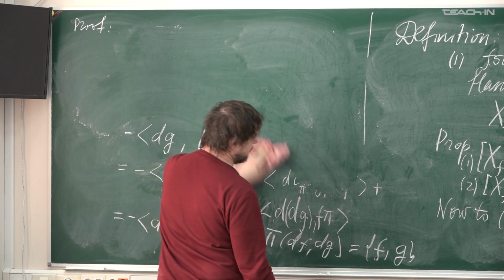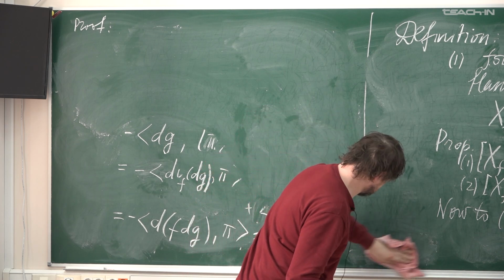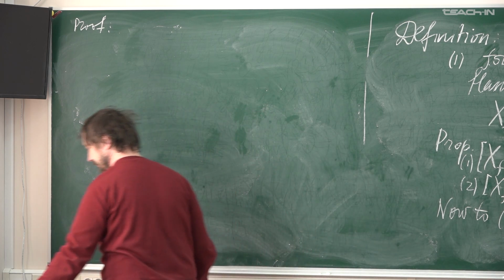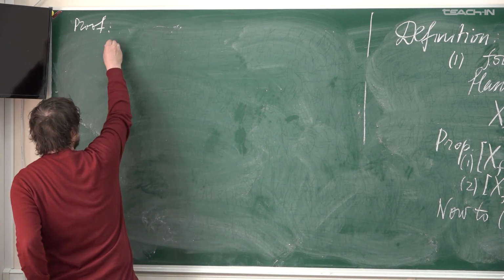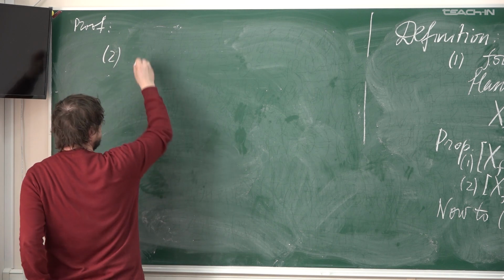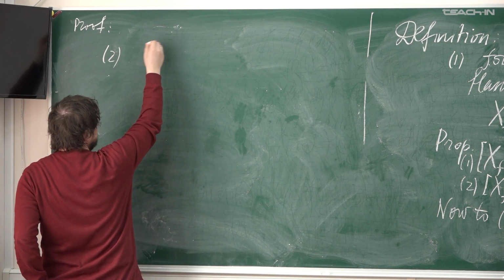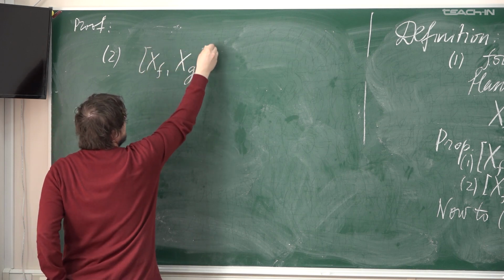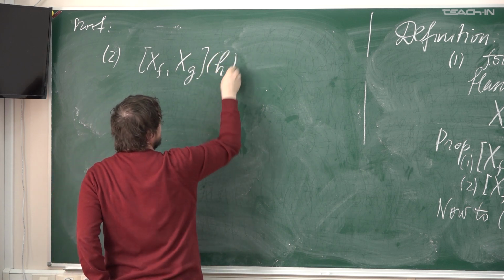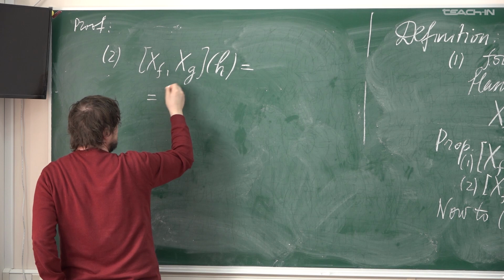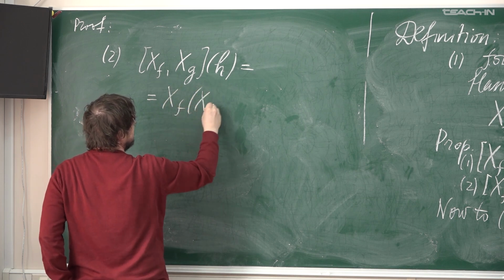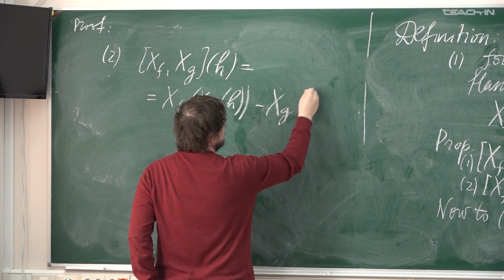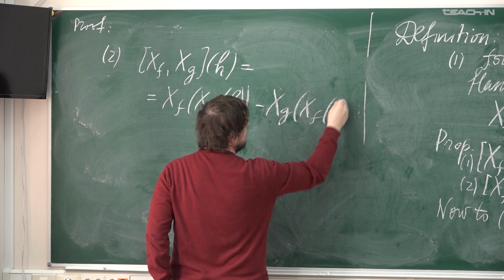And now the second part, which is also quite simple, even simpler than the first part. You just use the definition. What is the commutator of X_f, X_g applied to some function h? It is X_f of X_g of h minus vice versa, X_g of X_f of h.